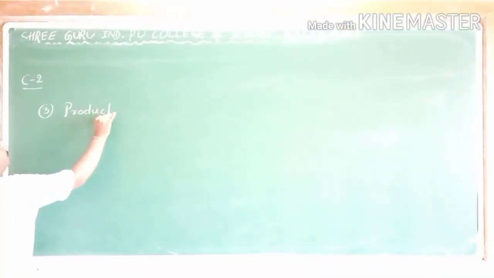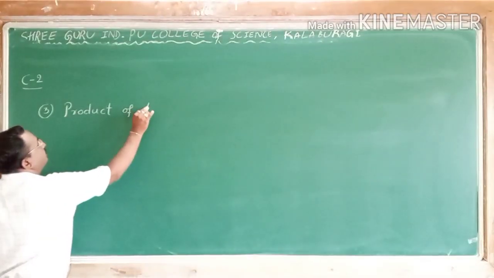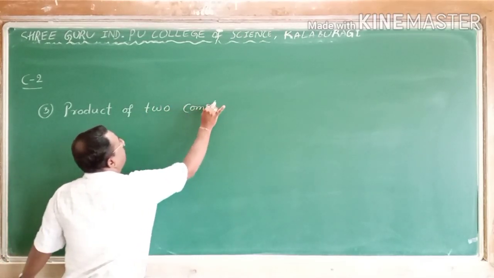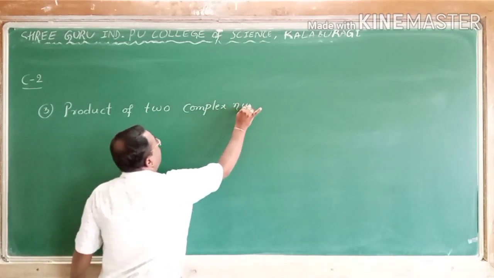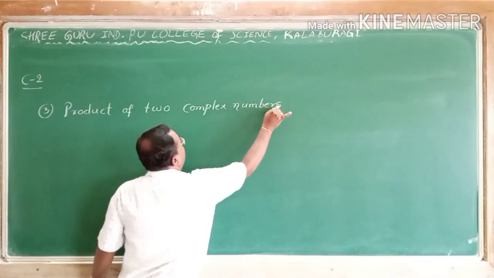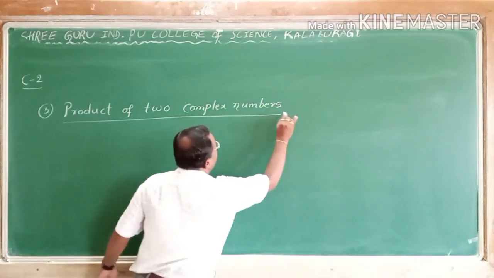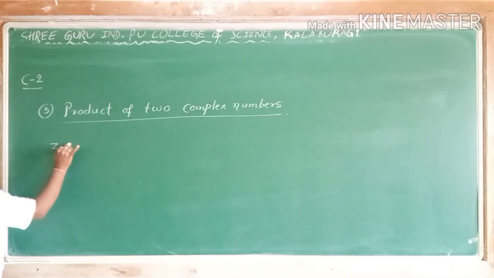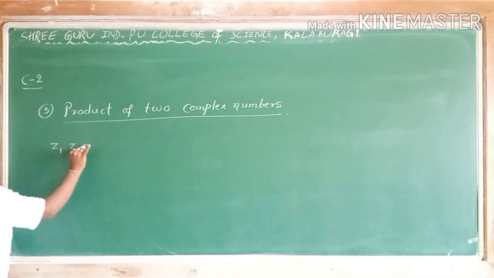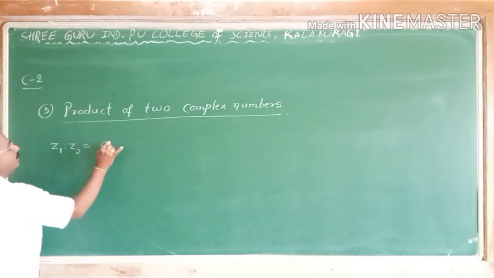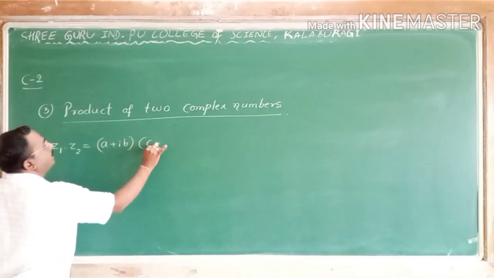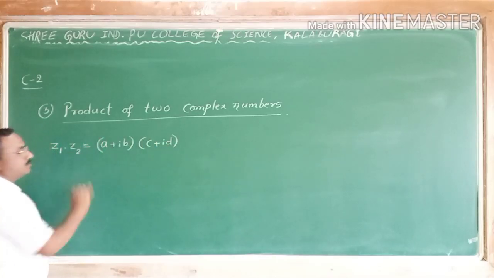Product of two complex numbers. Z1 into Z2, this is in general, is equal to a plus ib into c plus id, product of two complex numbers.